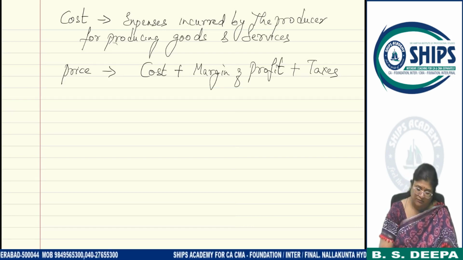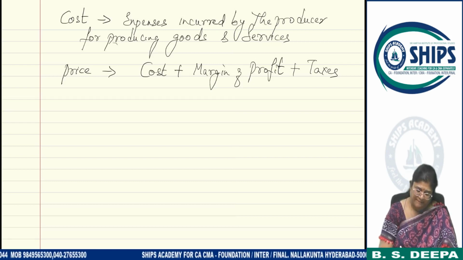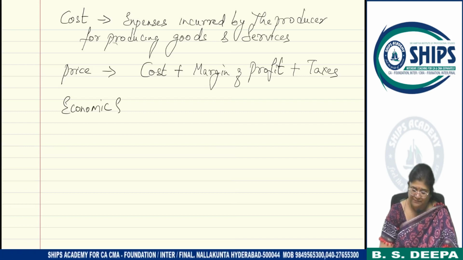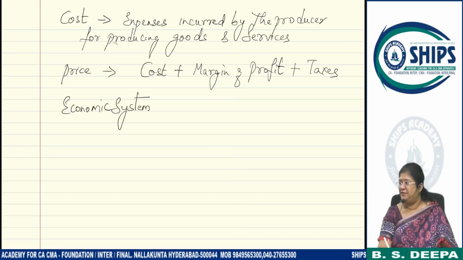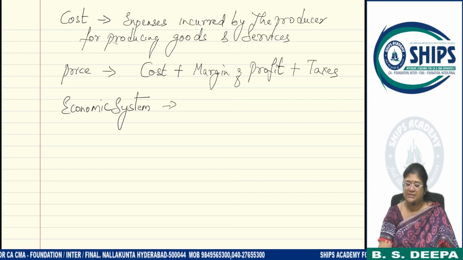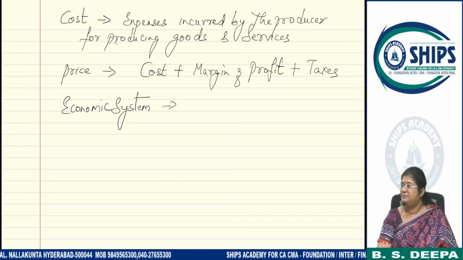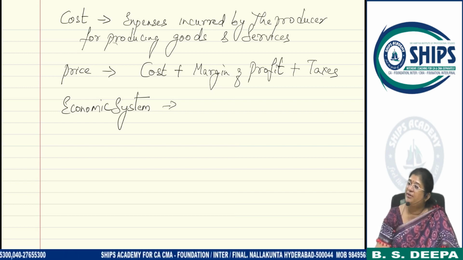Now, because we are in the first unit, let me talk about what is an economic system, because we come across this in the first chapter itself. So what is an economic system? You might have heard about capitalism, socialism, mixed economy. Let me tell you that these are all examples of economic systems. So what is an economic system?